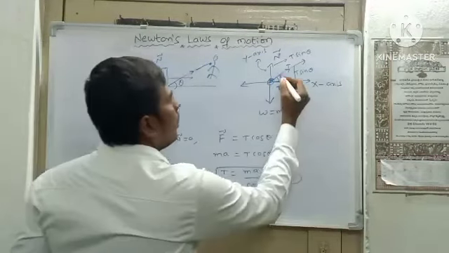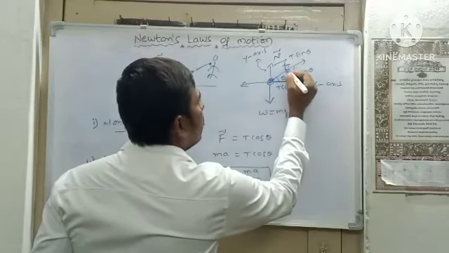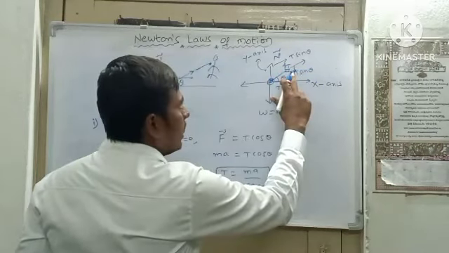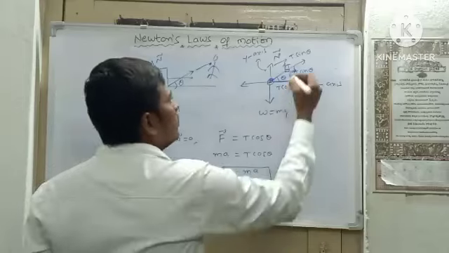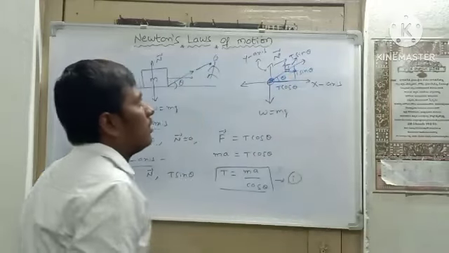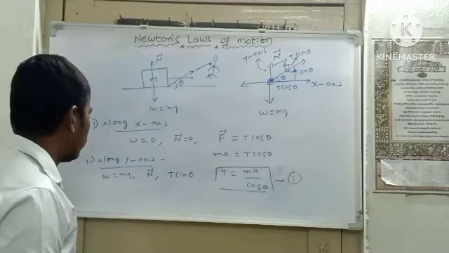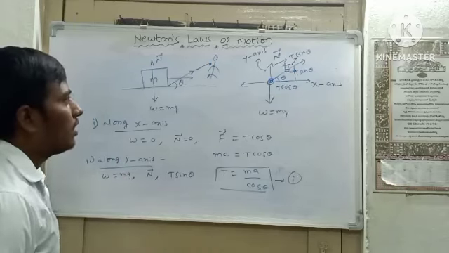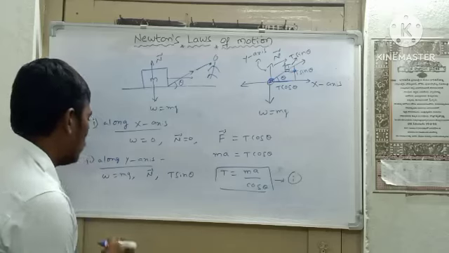So here tension is upward, this is the x-axis, this is the y-axis. This is the tension T sin theta. According to Newton's first law, the sum of the forces acting on the body is equal to 0.